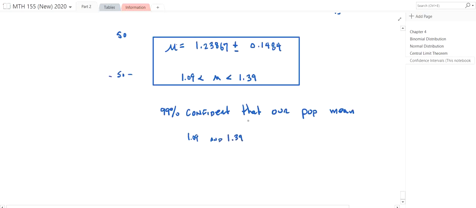And I can take that number and put it in our brochure for our printer head. Okay, so that finishes up our section on confidence intervals.